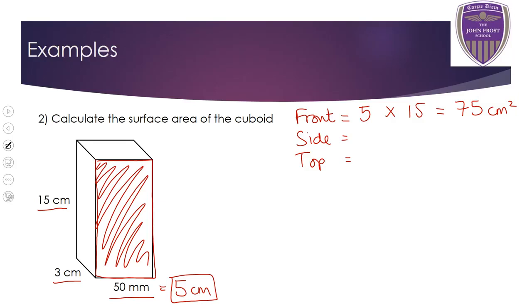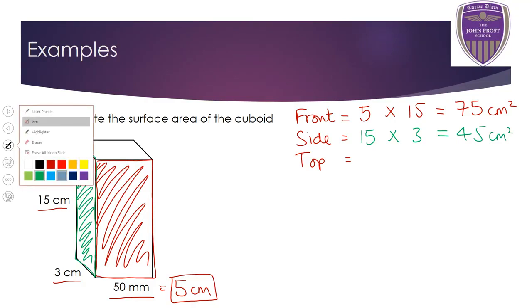All right, then we'll do the side. So the side is this rectangle here in green, look, just the 2D part. So that's 15 times by 3. Okay, 10 times 3, 5 times 3. Add them together, 45 centimeters squared.